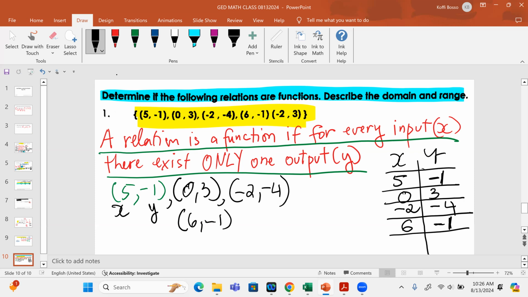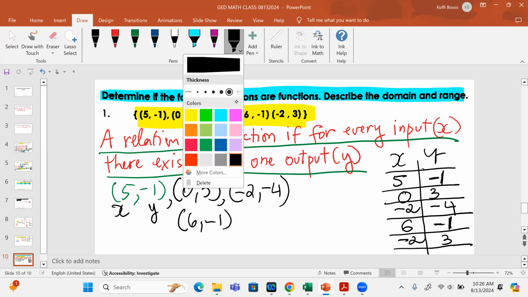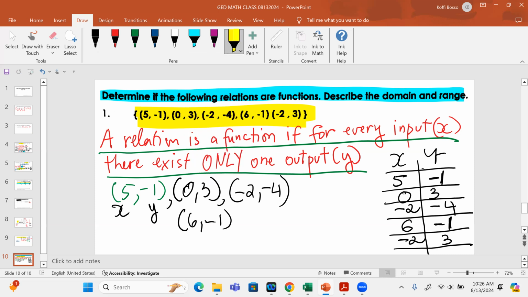After that, we have a negative 2 and 3. Do you see that? When x is negative 2, the y is negative 4. When x is negative 2, the y is 3.